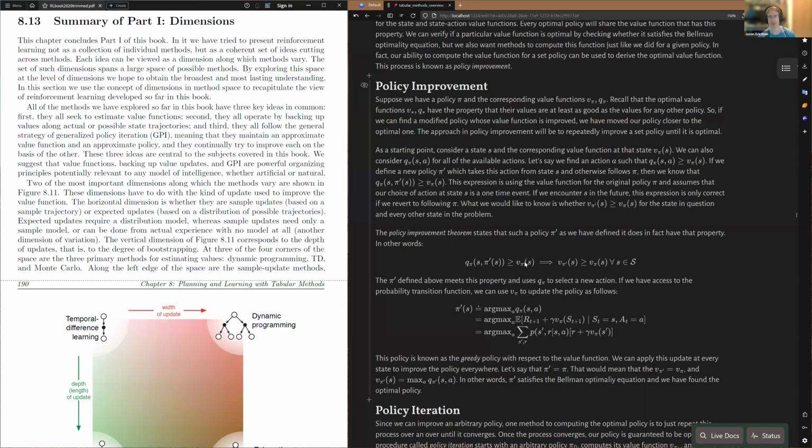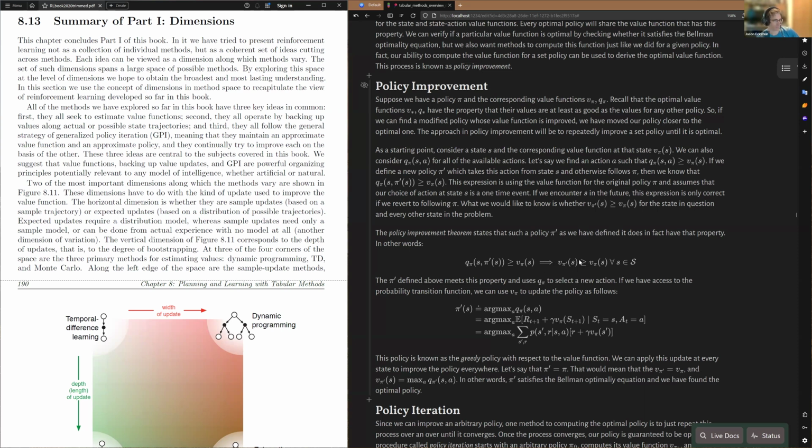But then we have to continue to follow the old policy after that, because those are the value estimates we actually know at this point. But you can prove by expanding all this recursively, like we did before, that this in fact will produce a policy which has better, higher value estimates overall.